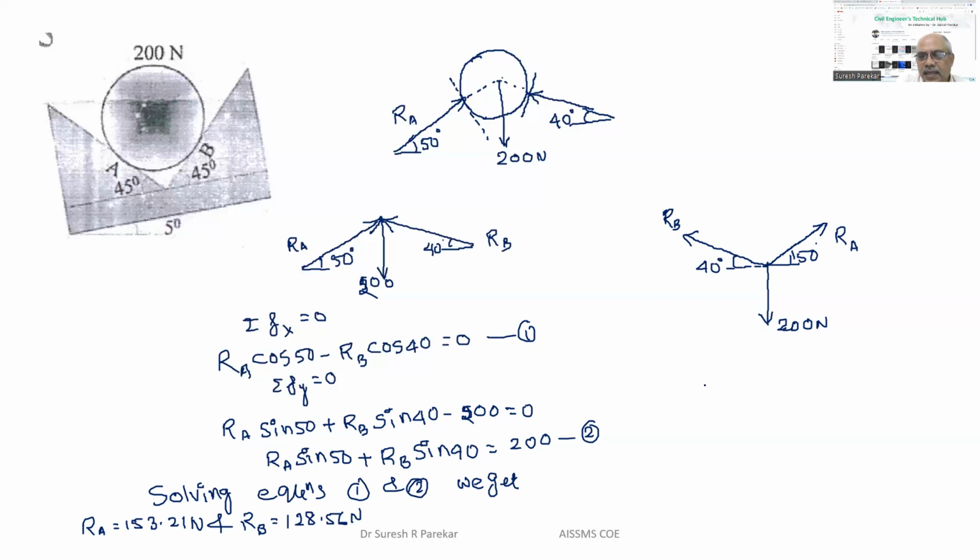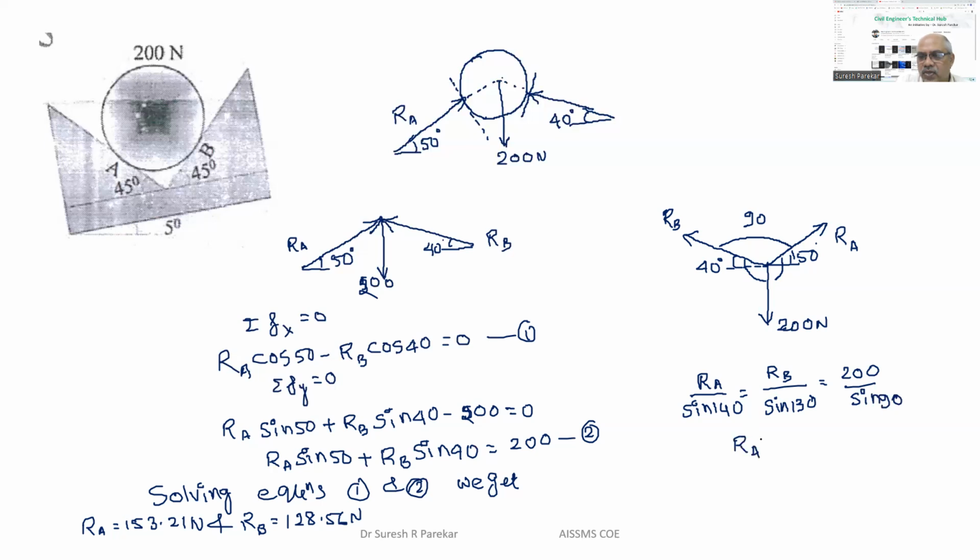Then I can write RA divided by sine of the angle between the other two, so sine 140, equal to RB divided by this angle 90 plus 40, sine 130, which is equal to 200 divided by this angle. So in total we have 180 minus 50, 40, 90, so this becomes sine 90.